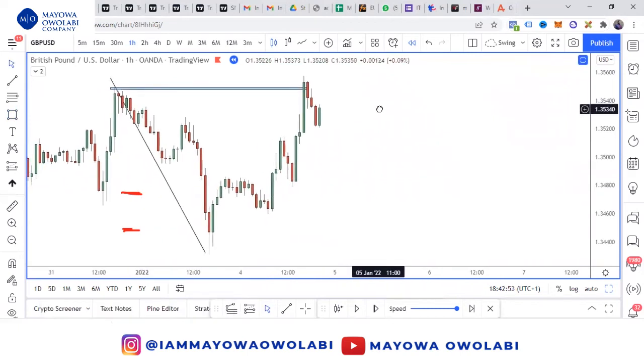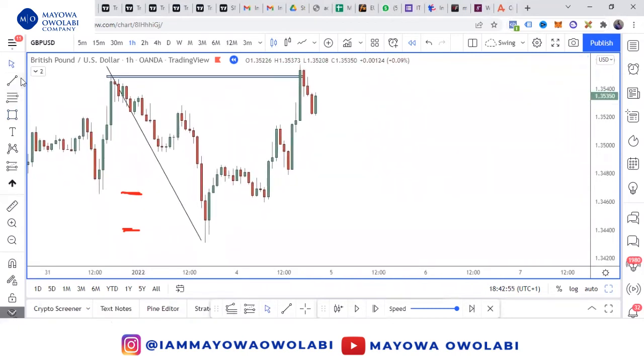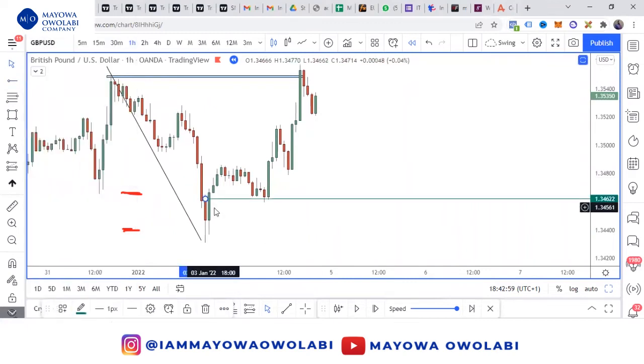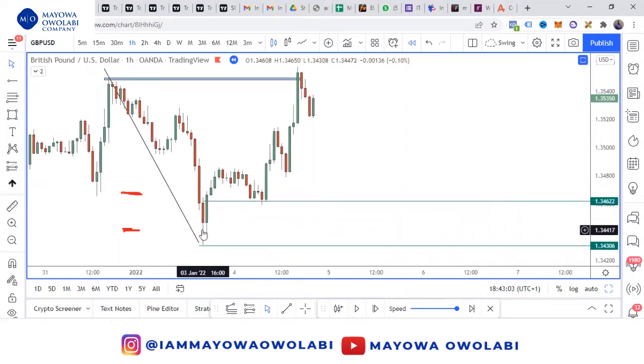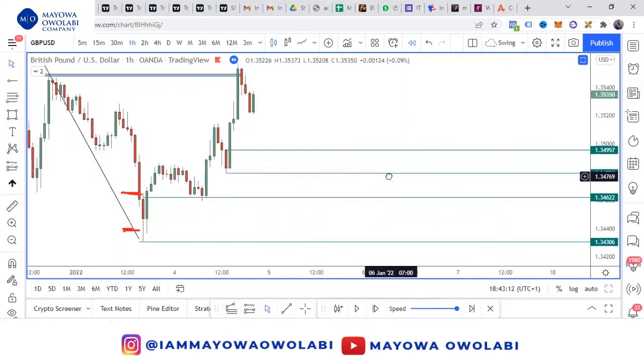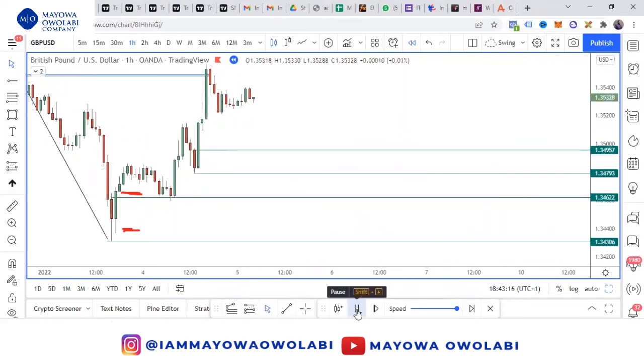As it broke this high, this will be another block. This is the other block that created the move. This is the other block that broke the structure. So we trade it. Watch carefully.